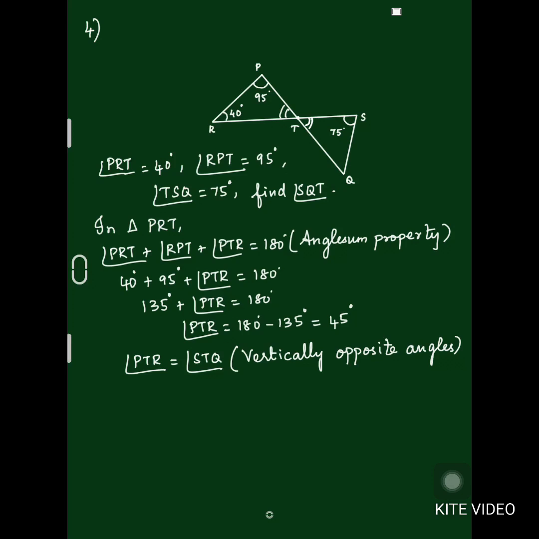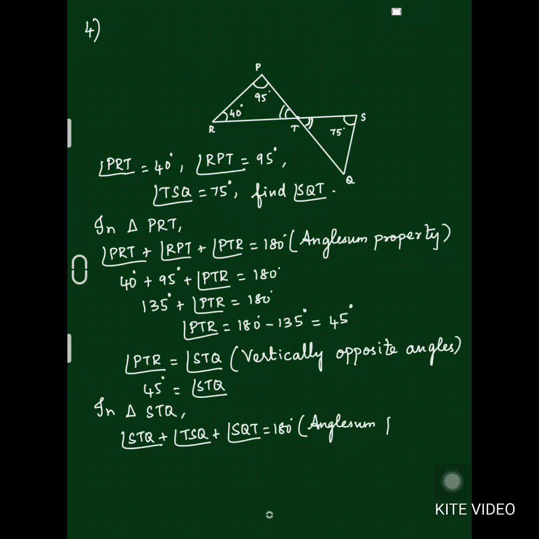So PTR is 45, so STQ is also 45. Now we know STQ is 45, and already it is given TSQ is 75. From that we can find SQT again using angle sum property. So in triangle STQ, angle STQ plus angle TSQ plus angle SQT is equal to 180. Again, what is the reason? Angle sum property.